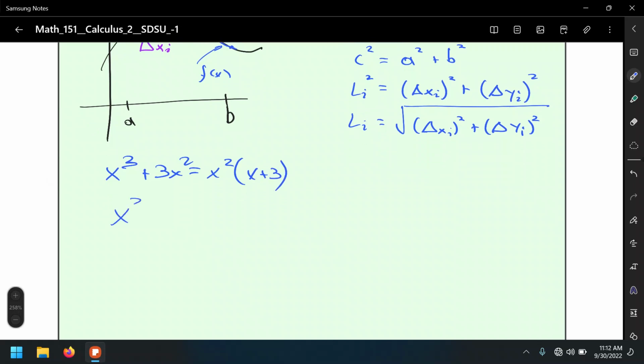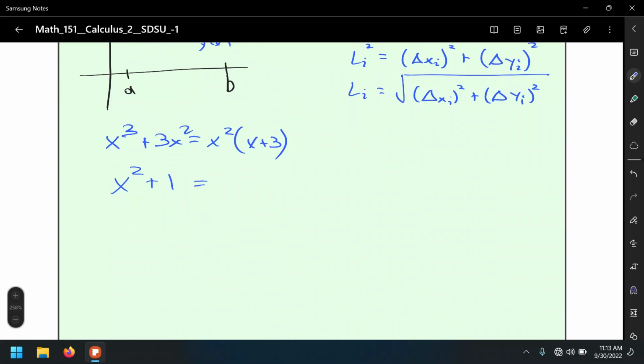However, check this one out. What's the factor here? Can we factor anything out? Huh? It's irreducible. Well, that's according to partial fraction decomposition, right? I agree. However, we can still factor this out. I'm going to factor out an x squared, but how am I going to factor an x squared if I don't have any x's here?